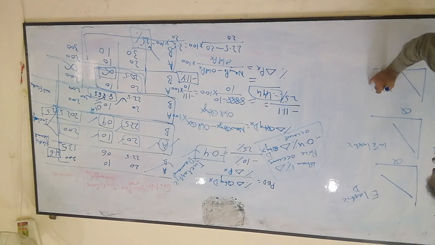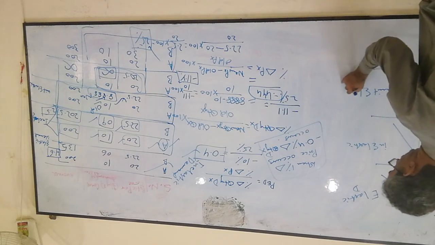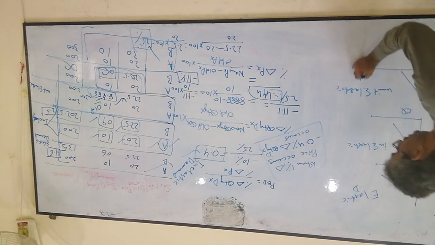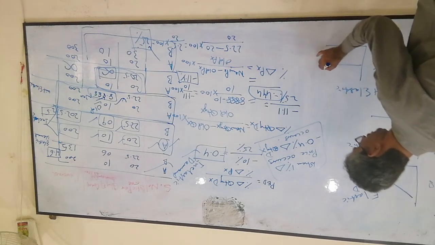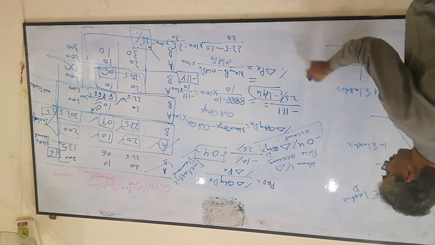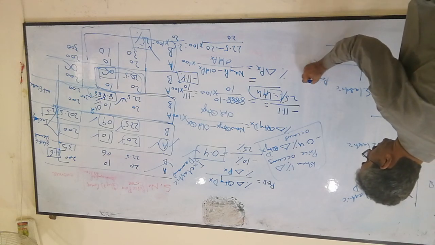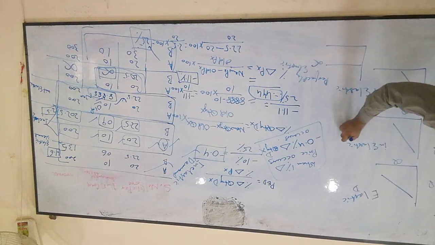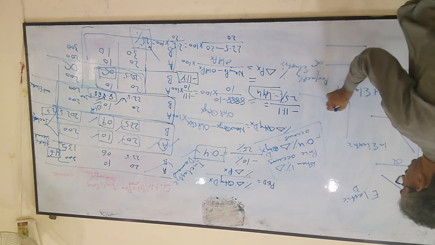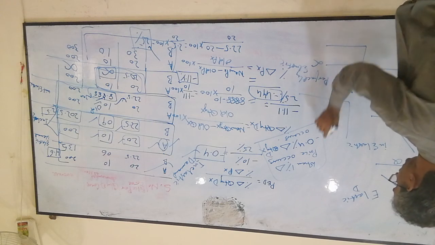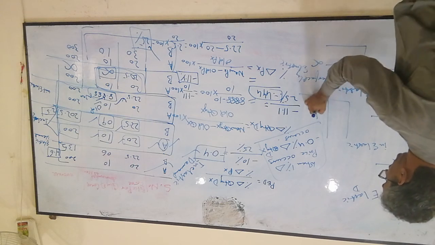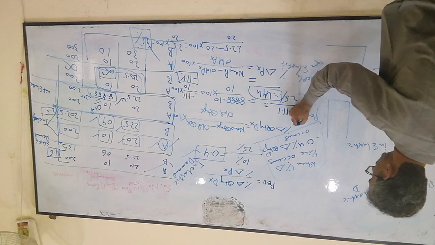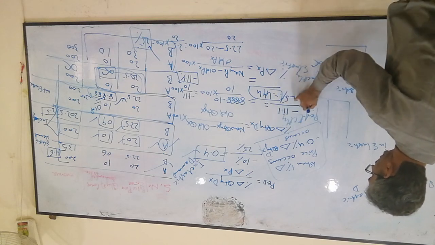This one is called unit elastic. This one is called perfectly elastic, and the vertical line is perfectly inelastic demand.